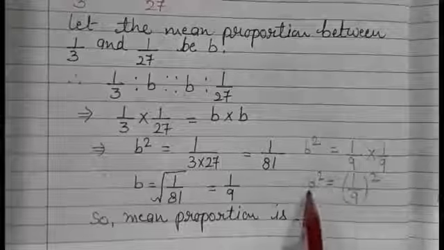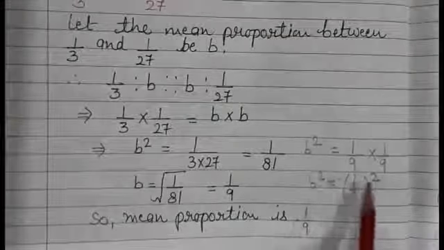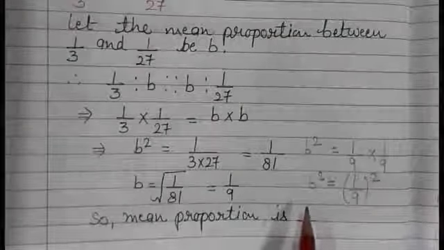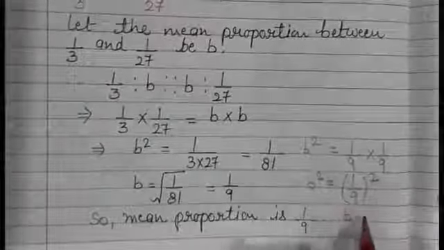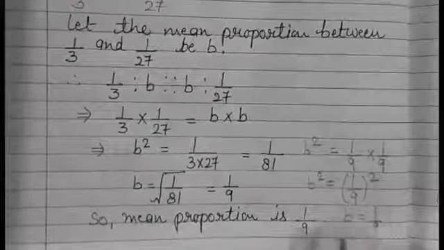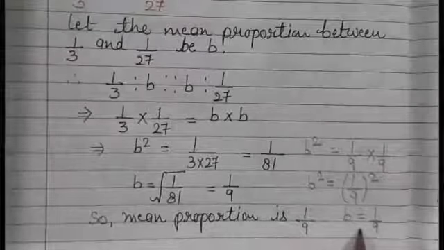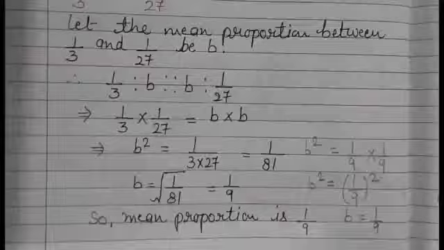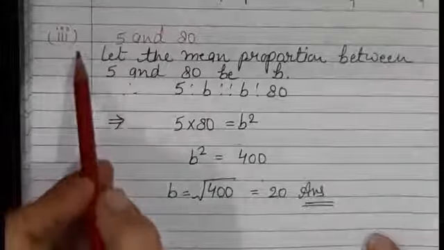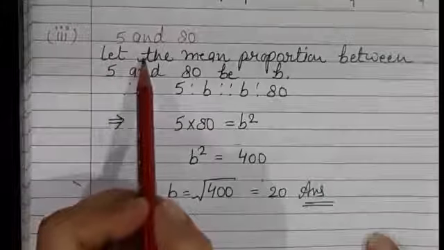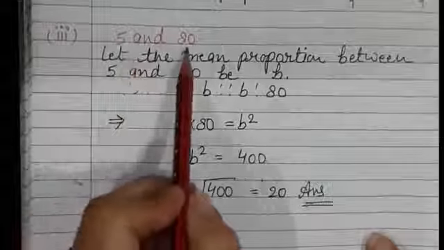Now from the left hand side and right hand side the same powers can be cancelled out. So the value of b will be 1 upon 9. This is the mean proportion. Clear?